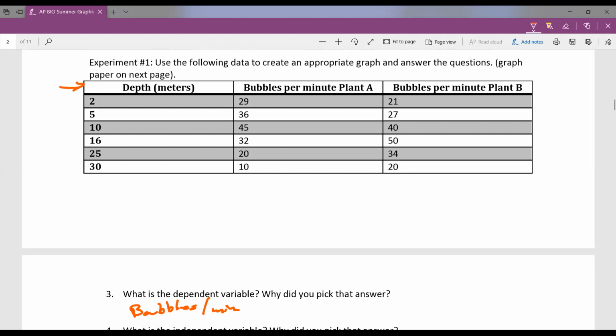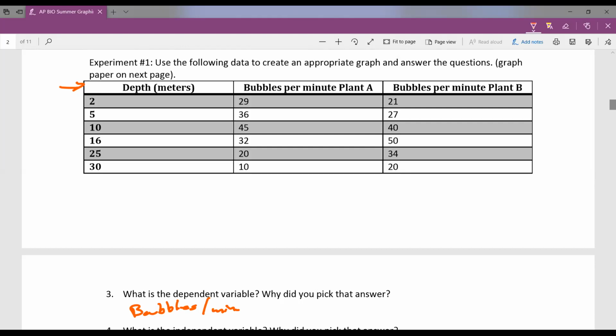That was a good hint. Think about if you're the experimenter, which of those is easy to change directly? How deep you're measuring or how many bubbles there are? How deep you're measuring is the one that would be easy for you to change.